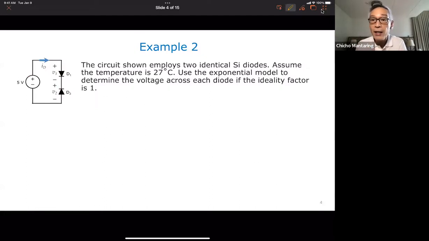Now, them being not ideal, what do you think the value of I_D is going to be? Anyone? It being not ideal. Hindi siya 0, no? It's not going to be 0.